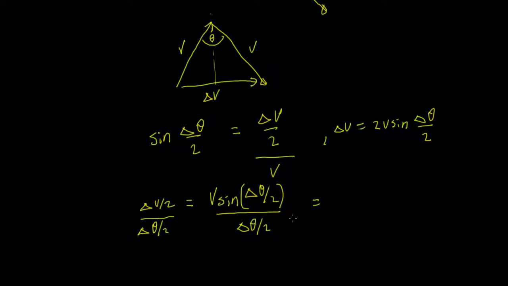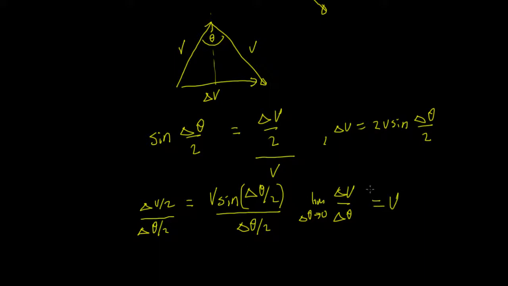Then you're able to say that delta v upon delta theta is going to be, if we take the limit as delta theta tends towards 0 of this thing here, equivalent to sine theta upon theta, and as theta tends to 0 this whole thing tends towards 1, and this just tends towards v.